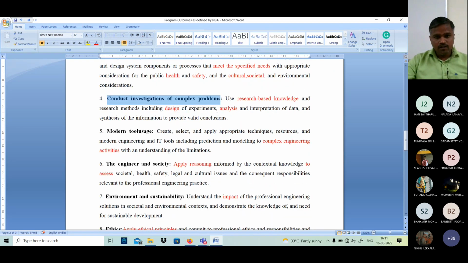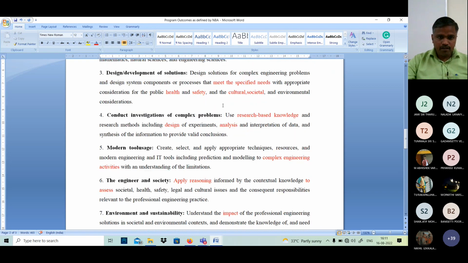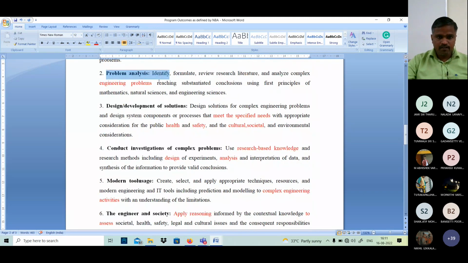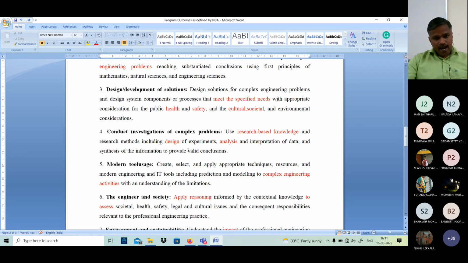Here, the second one, what we have seen, we can analyze the problems by using our engineering knowledge. Likewise, after analysis, you can investigate by using research-based knowledge, in depth.